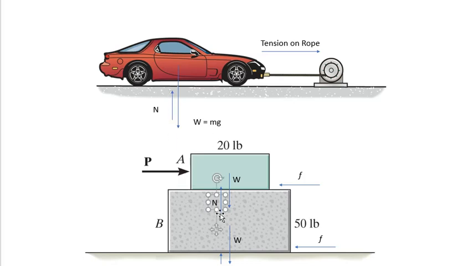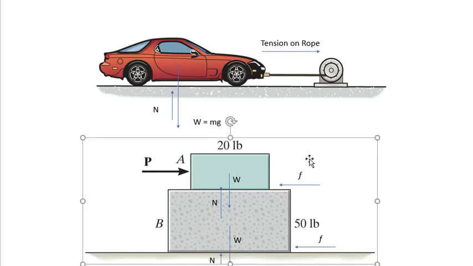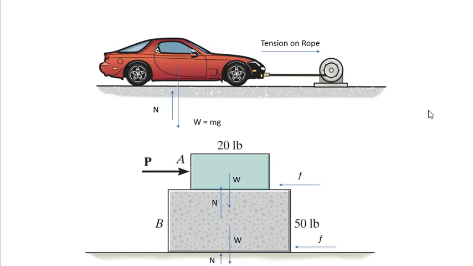I've got a normal force here, and I have a normal force down here. So a lot of times we're going to have to make sure we include all of our forces that we're going to want to take into account during our problem.